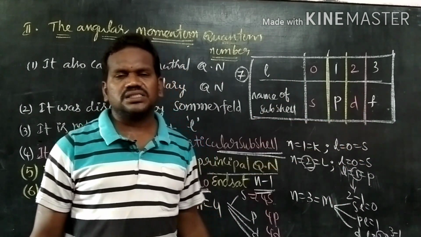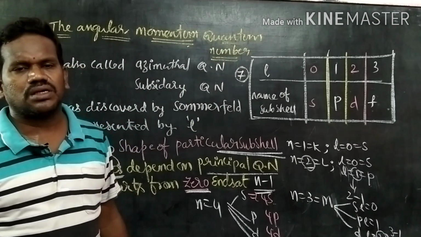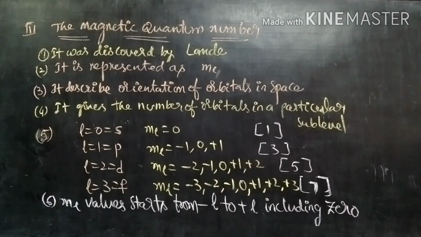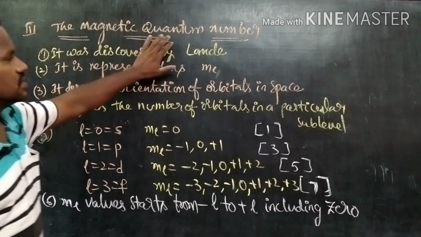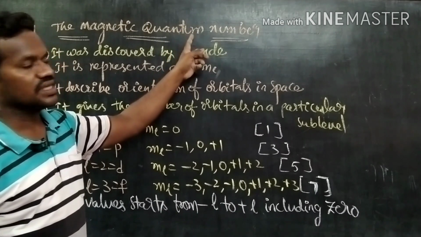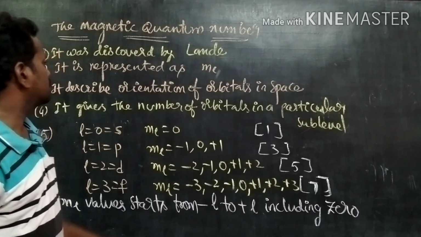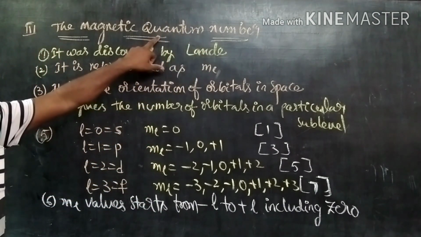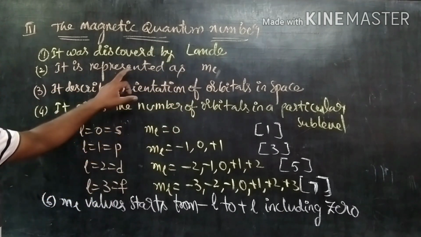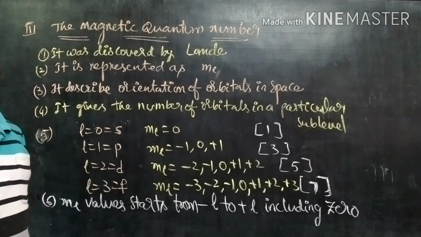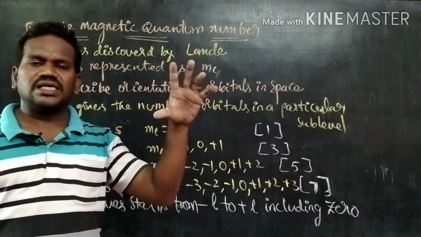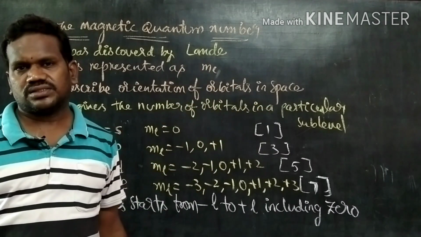Let us discuss the third quantum number, that is the magnetic quantum number. This magnetic quantum number was discovered by Landé and is represented by the letter ml. The principal quantum number tells about the size of main levels.